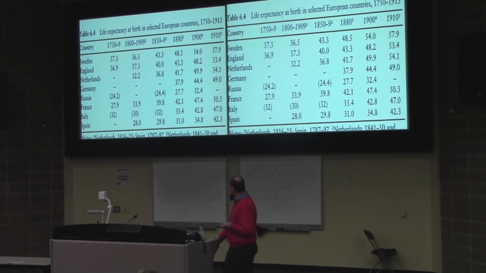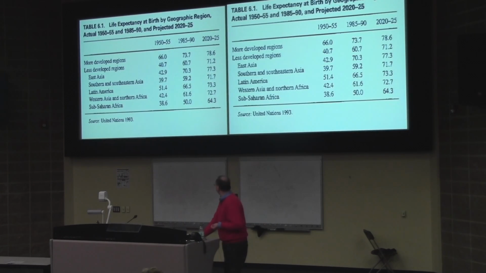It actually begins increasing earlier than some other countries, but even Sweden then accelerates at the end of the 19th century. We can move on and look later in the 20th century, and again we're seeing pretty big increases in life expectancy in relatively short stretches of time around the world.